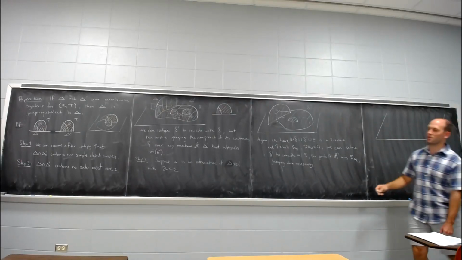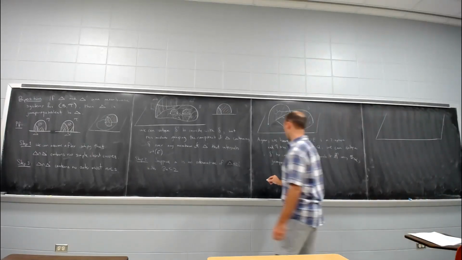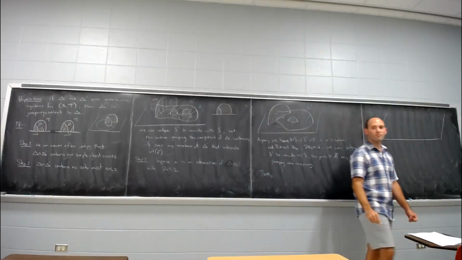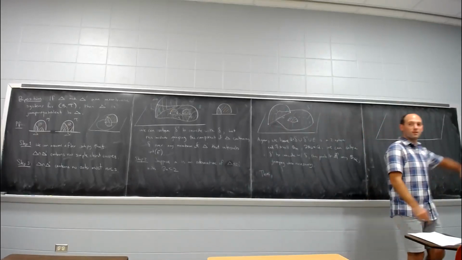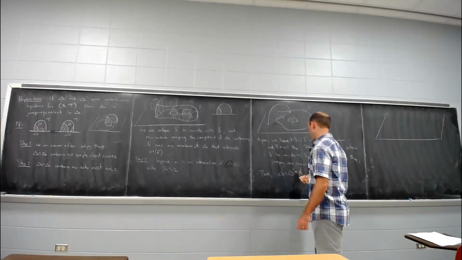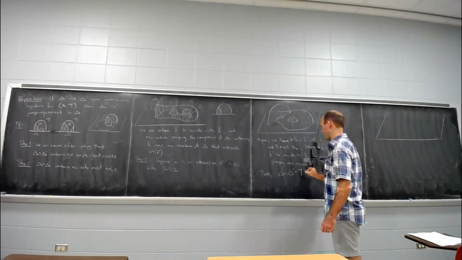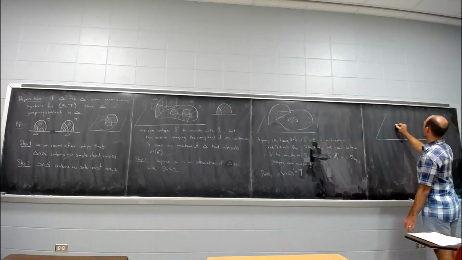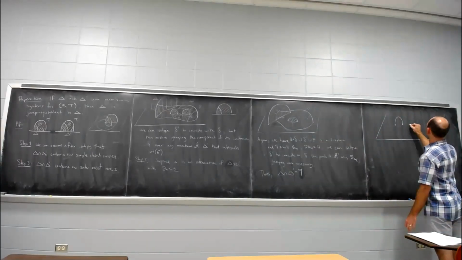Yeah, so sorry, what's the conclusion of steps 1 through 3? No intersections. Delta intersect delta prime is, I was going to say empty, but it's T. It's the tangle. So let's look at what this might look like.